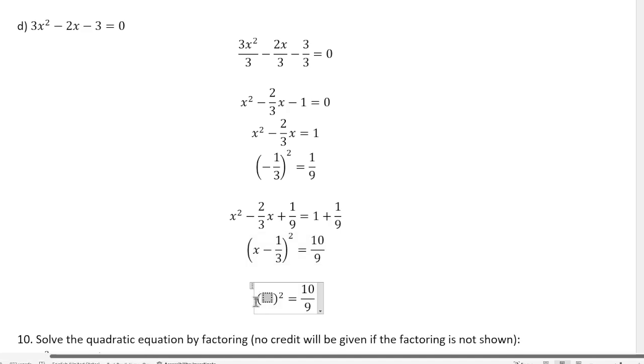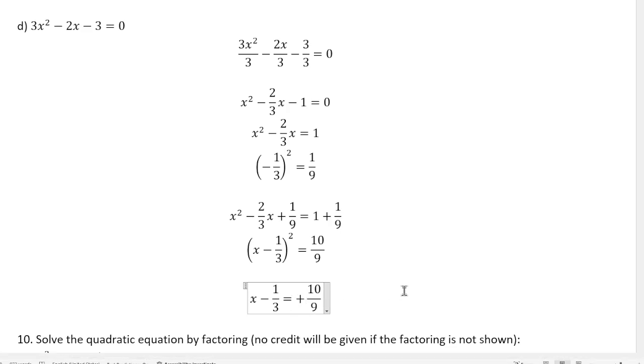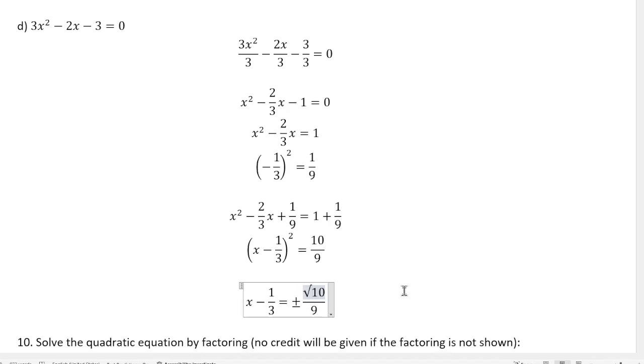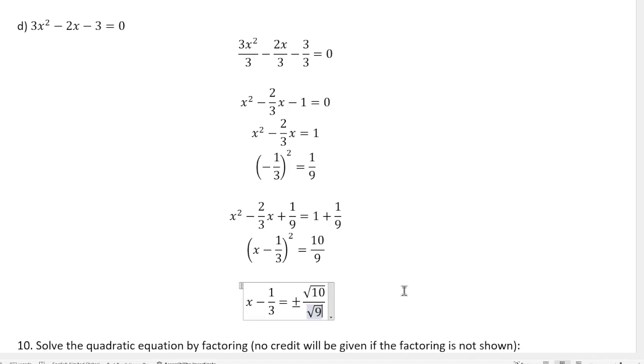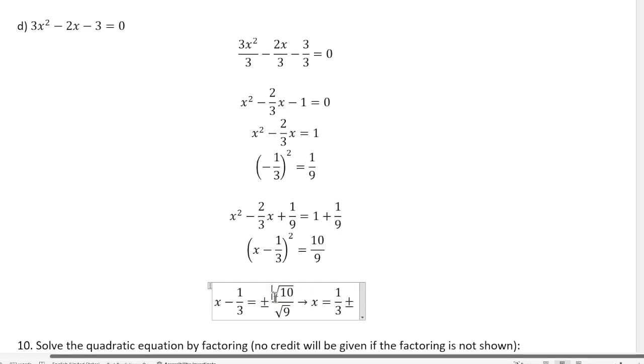So after taking the square root, the left side will be x minus 1 over 3. But then make sure that you have plus or minus the square root of 10 over the square root of 9. So that x is equal to 1/3 plus or minus the square root of 10 over 9.